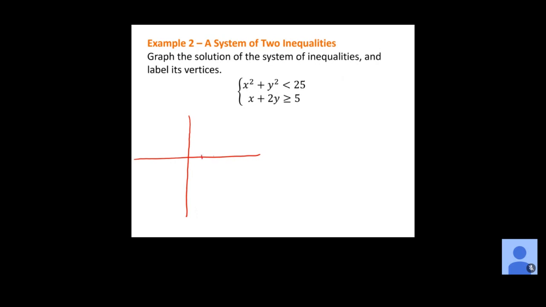So I'm just going to go out 1, 2, 3, 4, 5 in all directions. I'm going to do my dashed circle.